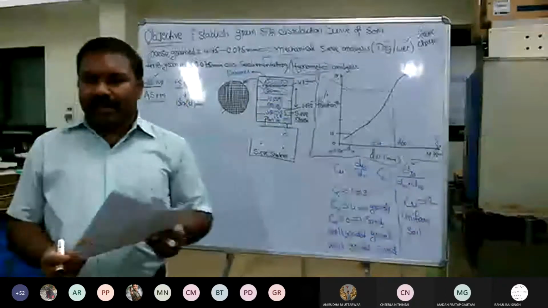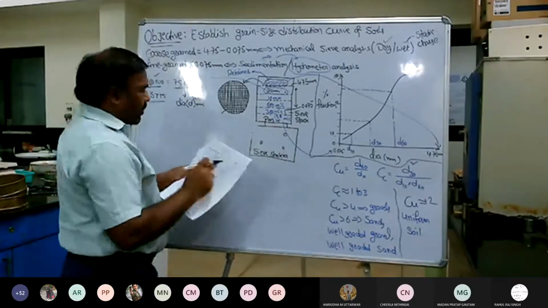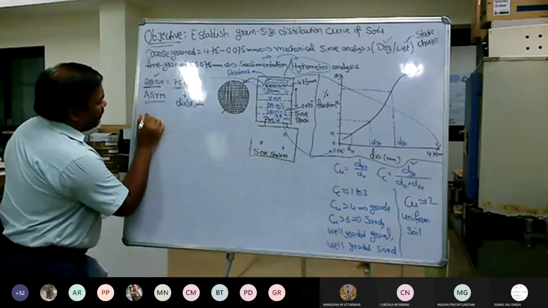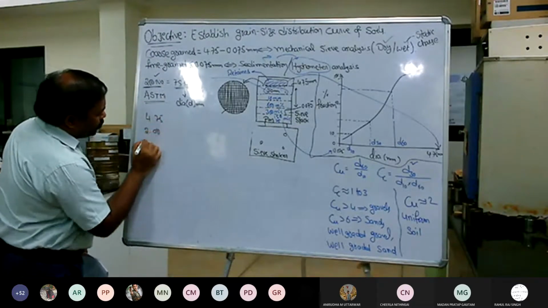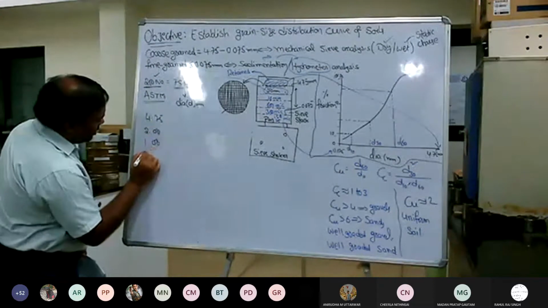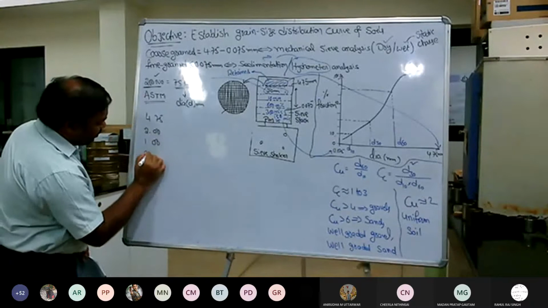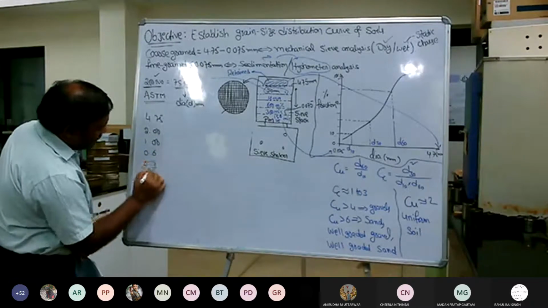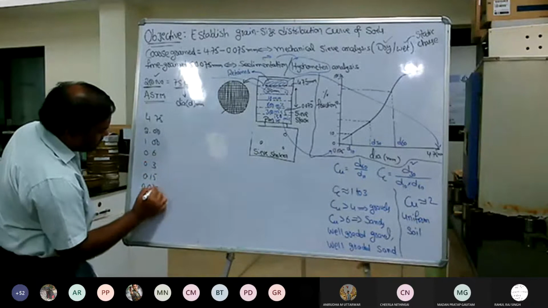Next, mass of the soil retained. Here, suppose it is 4.75 millimeter, then 2, 1, 600 microns, that is 0.6, 0.3, 0.15 and 0.075.